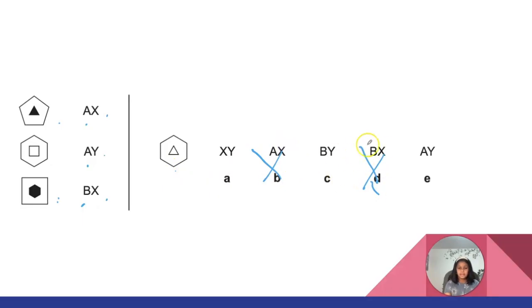Now, let's see A, B. What's the same between the first one and last? Yep. You may have not noticed it, which I didn't either at first, but if you look at this outside shape, it's just a little bit thicker than these ones.